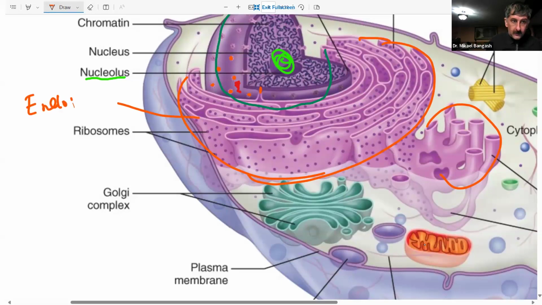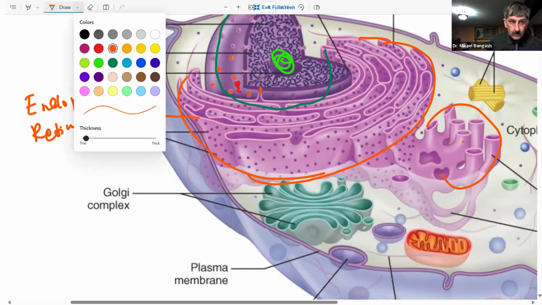We'll call it the endoplasmic reticulum. And so this is also your endoplasmic reticulum.